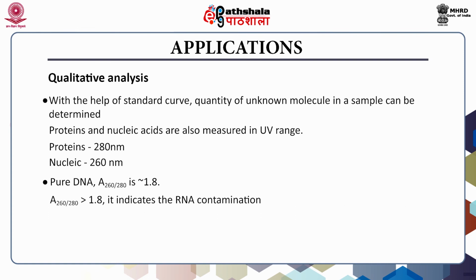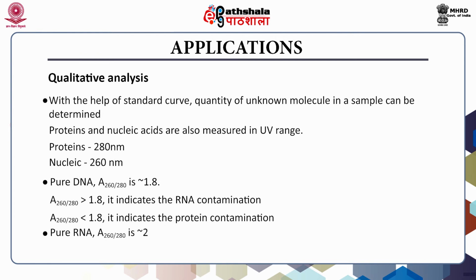If the ratio is more than 1.8, it indicates RNA contamination, and if the ratio is less than 1.8, it indicates protein contamination. For pure RNA, the absorbance at 260 by 280 nanometer is approximately 2, and for pure protein, the absorbance at 280 by 260 nanometer is approximately 2.